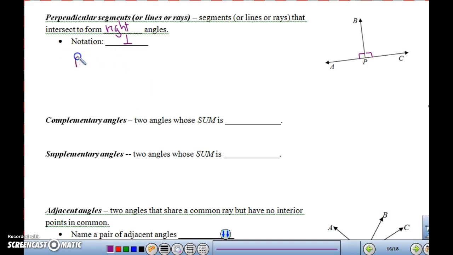So, I can say that BP is perpendicular to segment or line APC if angle APB and angle BPC are right angles.